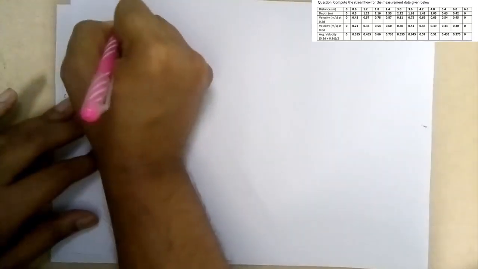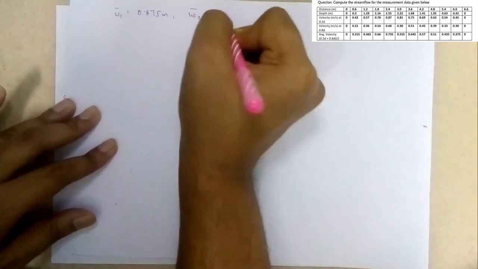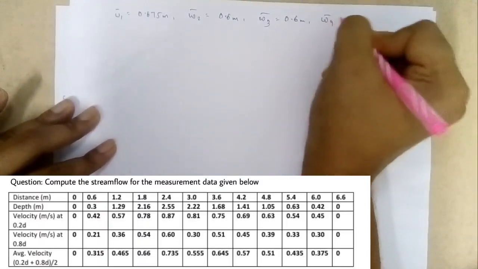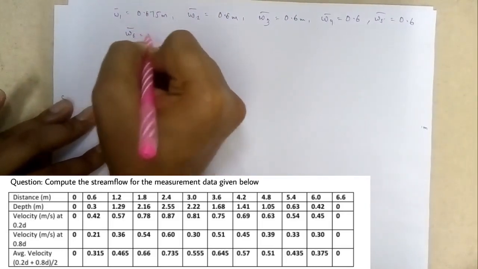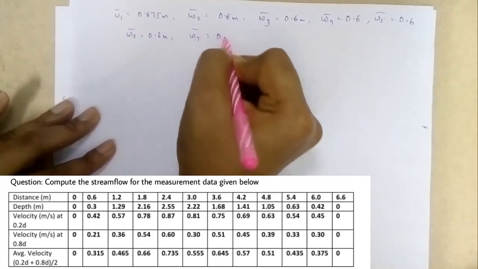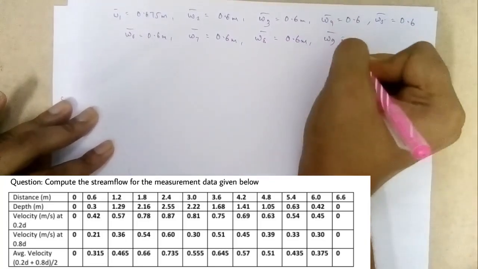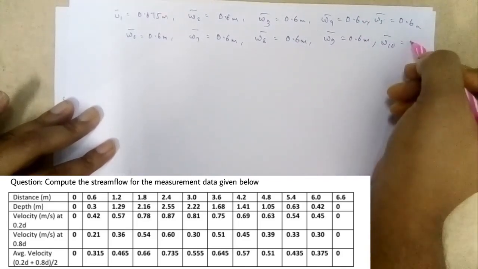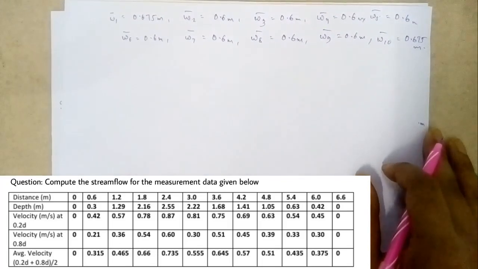As we have got, W1 bar is equal to 0.675 meter, W2 bar is equal to 0.6 meter, W3 bar is equal to 0.6 meter, W4 bar is equal to 0.6 meter, W5 bar is equal to 0.6 meter, W6 bar is equal to 0.6 meter, W7 bar is equal to 0.6 meter, W8 bar is equal to 0.6 meter, W9 bar is equal to 0.6 meter, and W10 bar is equal to 0.675 meter again. So these are the values of the W's thus obtained.